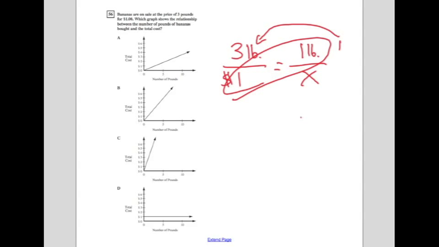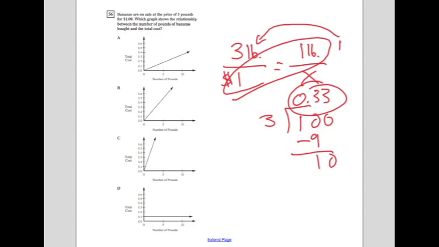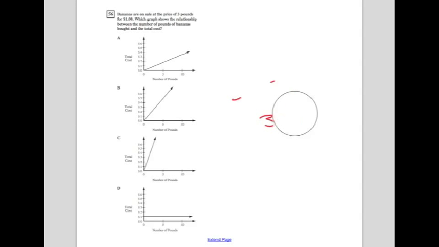So 1 divided by 3 is 0.3, 3, 3, and it's going to continue on. So it's going to be roughly 33 cents for 1 pound of bananas, $0.33.